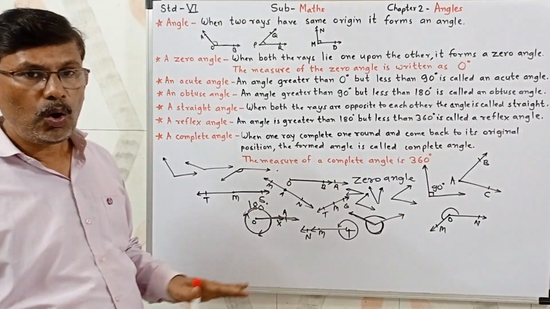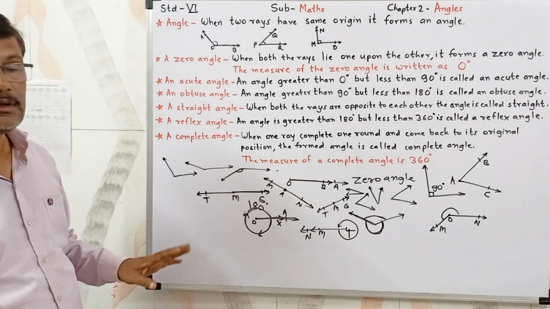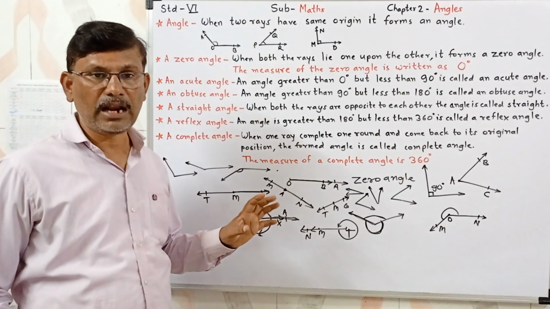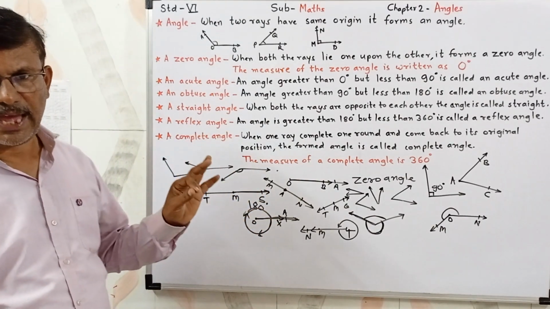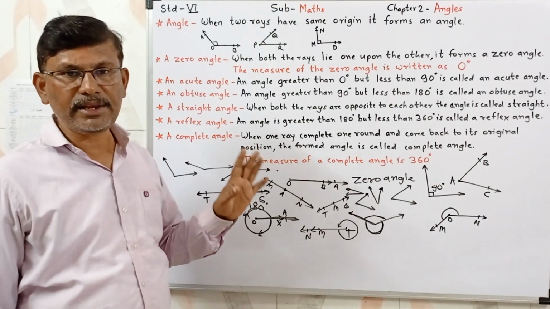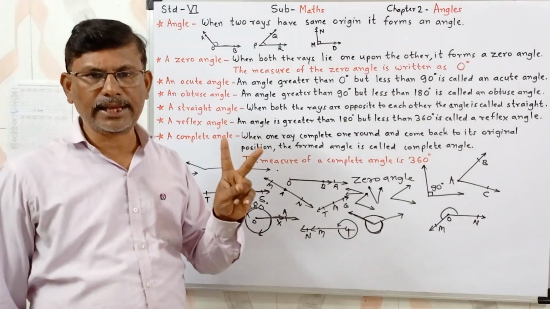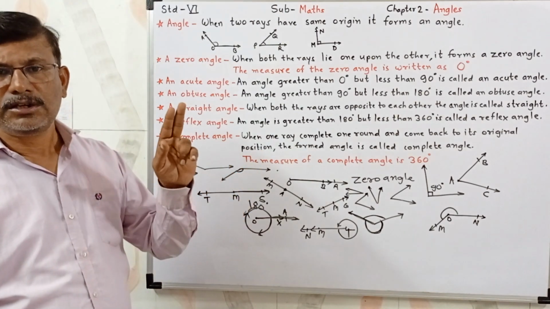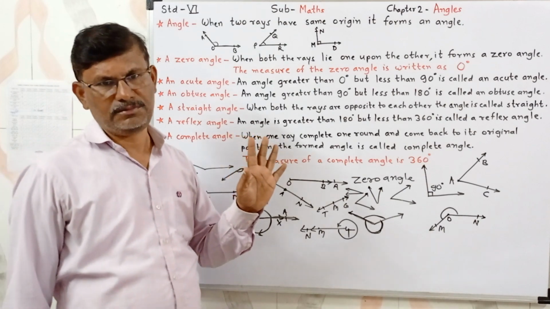Understood? So what did we learn today? Today we learned about angles. There are many types of angles. An angle is formed by two rays, and both the rays have the same origin.